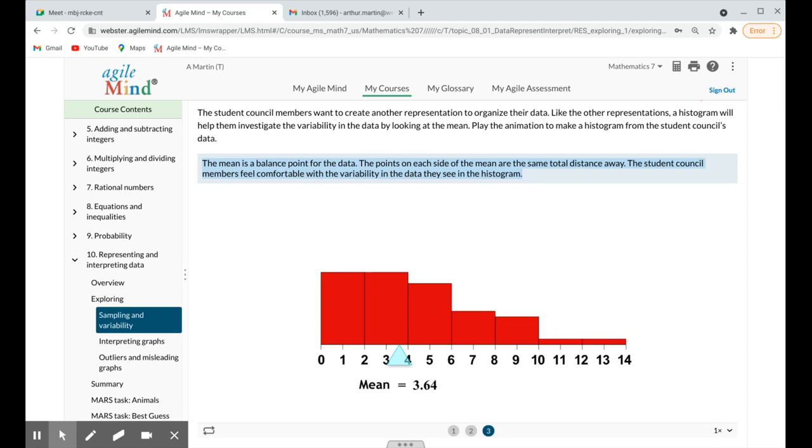What does it mean to have a small or large spread in your data? If you have a small spread in our data, what's going to happen to our box? It's going to get smaller. Correct. If we have a large spread, what's going to happen to our box? It's going to get larger.